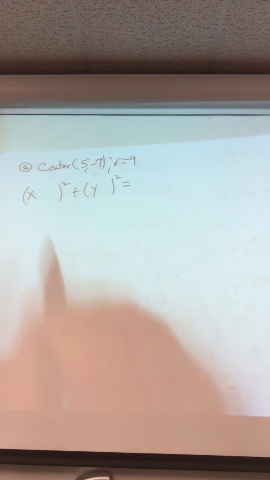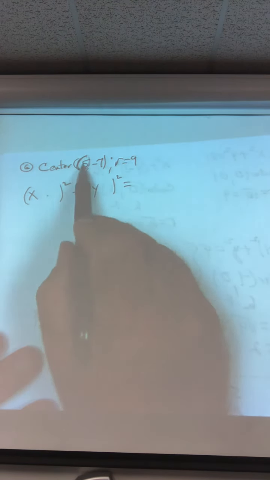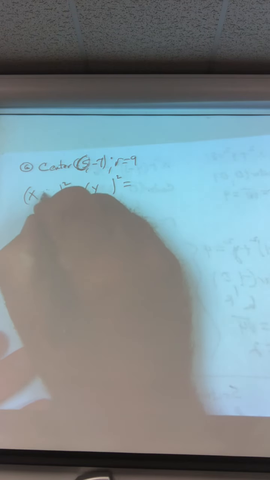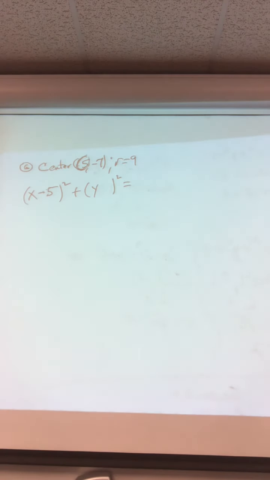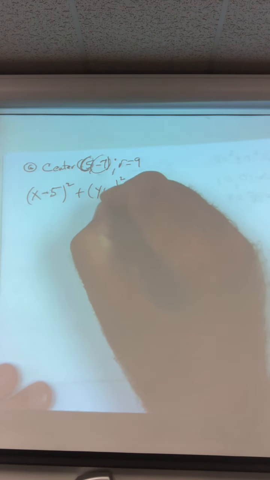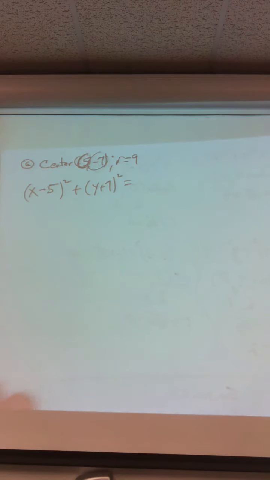Now, what goes right here? The h. This is your h right there. But remember, you swapped the sign when you brought it out. This is a +5, so when you put it back, you have to swap it back. So that's x minus 5, all squared. And then the -7 is what you got after you swap the sign, so when you put it back, it's y plus 7.